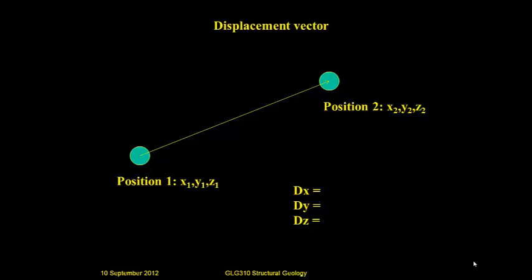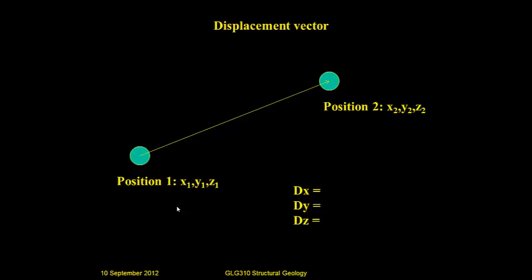So shifting gears a little bit, just some definitions. A lot of times we talk about the motions of particles, and so we want to talk about that as a displacement vector. We might take the position of the particle at time 1 as position 1, with position coordinates x1, y1, z1, and then we can move it to position 2, so the subsequent location is x2, y2, z2.